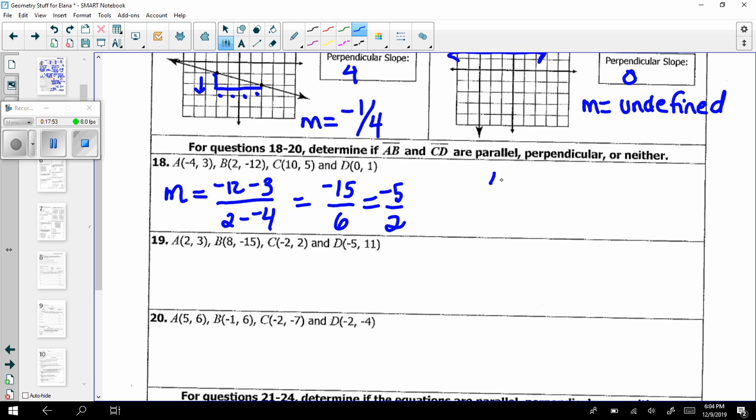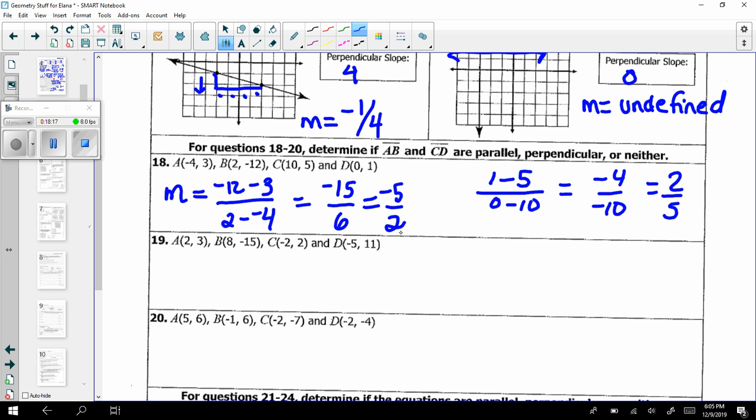So it's 1 minus 5, and then I do 0 minus 10. So this is negative 4 over negative 10, and if I reduce it, that's equal to 2/5. Now, do you see how these are opposite reciprocals?